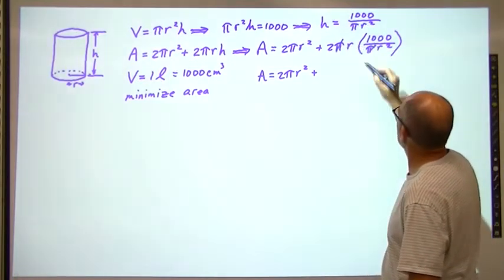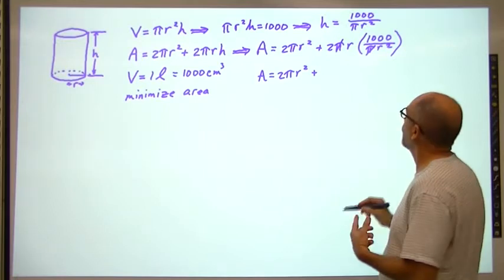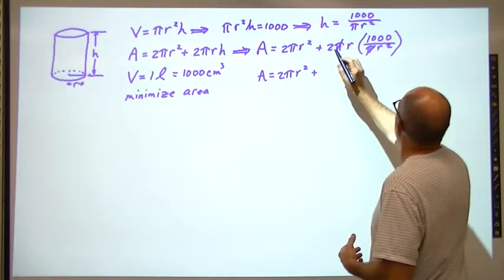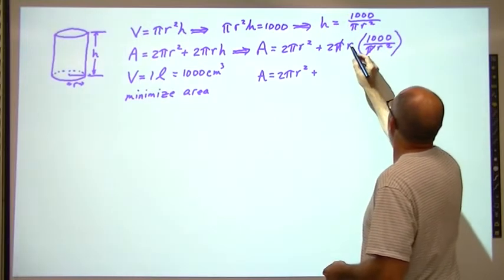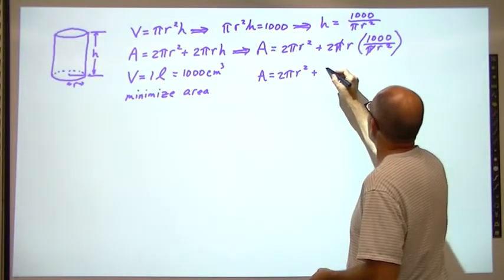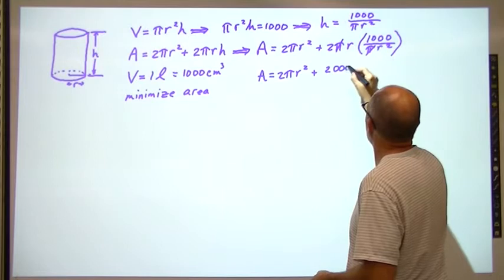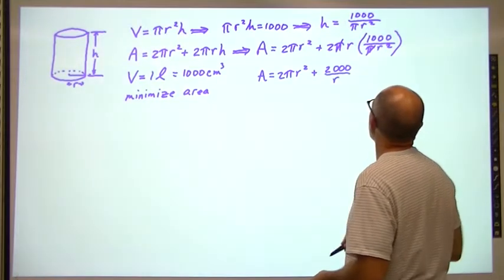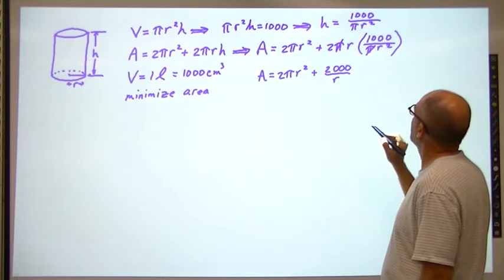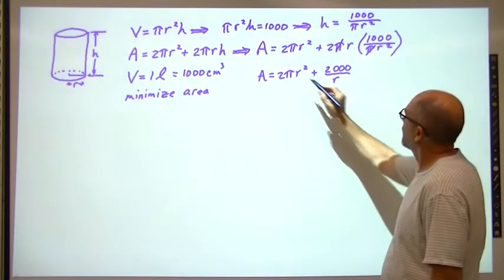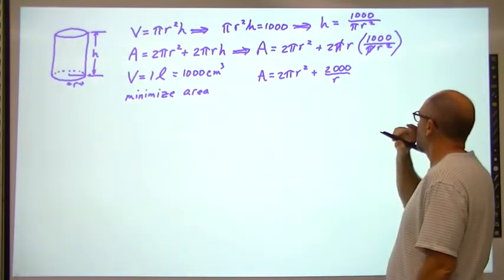See, we cancel pi, get it, see that? Okay, so then we have 2 times 1,000 is 2,000. Now, r over r squared is just going to be r. All right, so 2,000 over r plus 2 pi r squared.